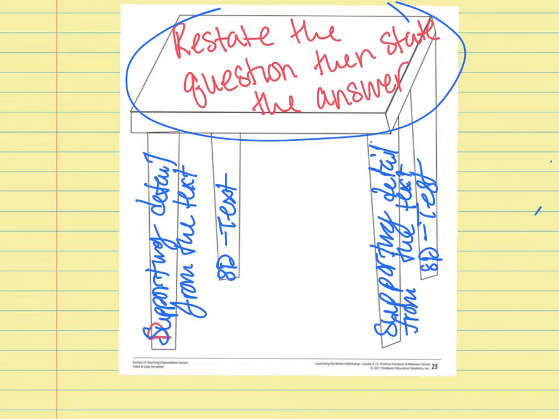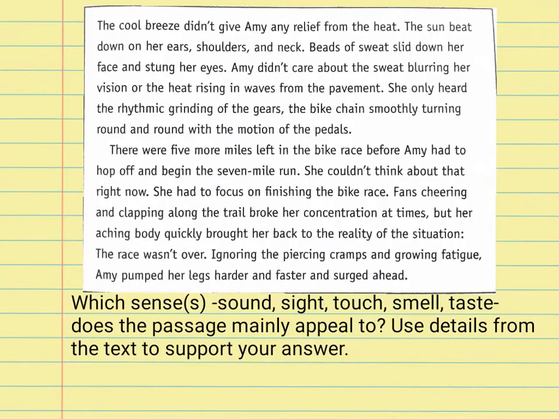We might say stuff like, in the text here it says, or in paragraph 3 it says, or when this character, name the name, says. We actually want to include specific details from the text in our paragraph. Okay, enough theory. Let me show you.